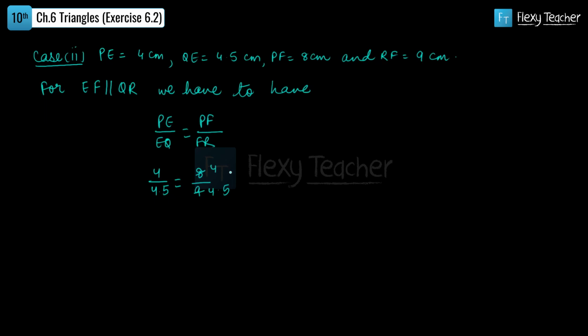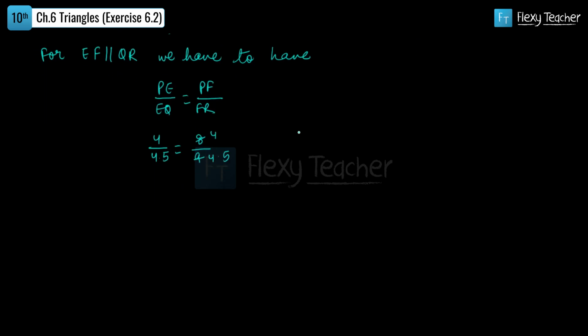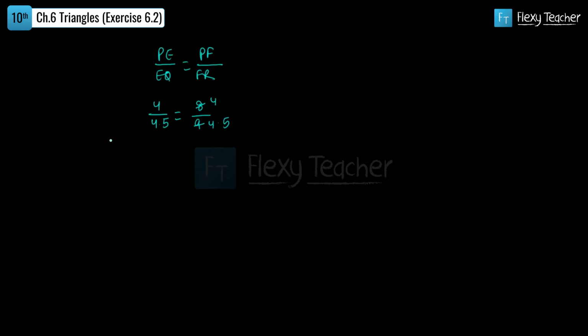So we see that LHS PE upon EQ is equal to RHS PF upon FR, and both the ratios are 4 upon 4.5. So in this case we may say that EF is parallel to QR because PE upon EQ is equal to PF upon FR. Proved. Let us take case number 3 here.